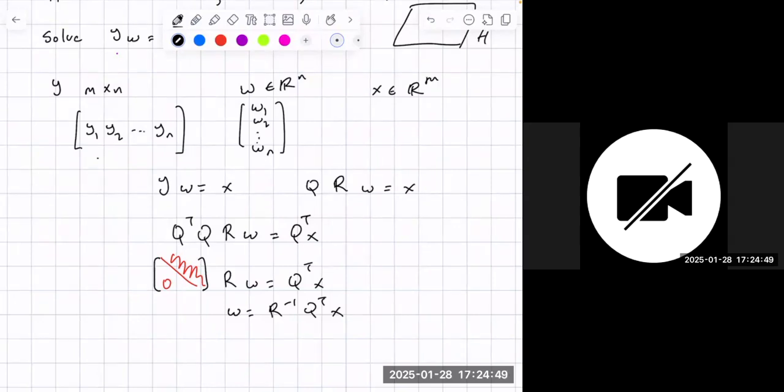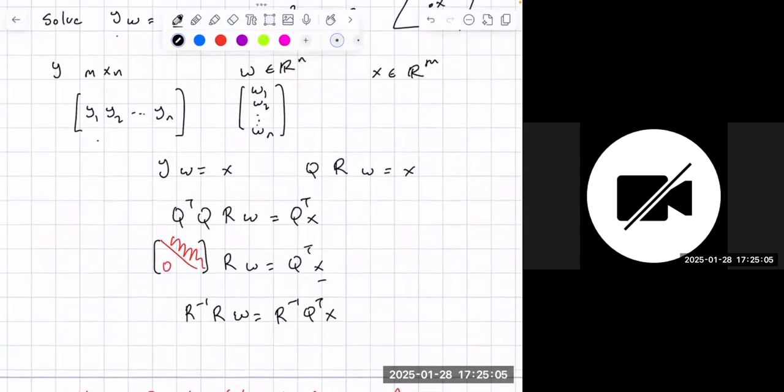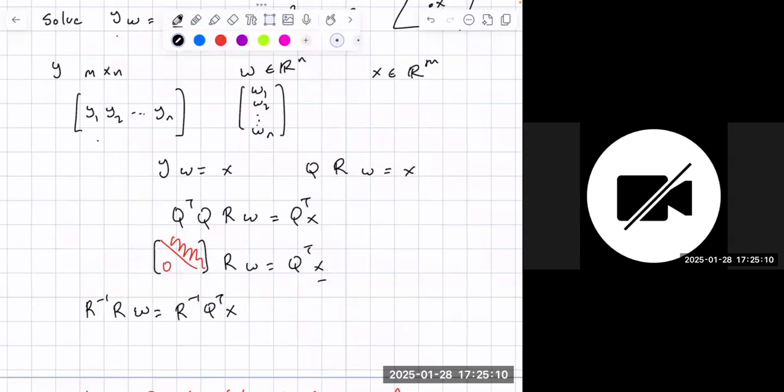Okay. Let me write this again because I see people getting tired. Let me write it. So it will be R inverse R. So in other words, what I got so far is omega is R inverse Q transpose X. Okay?